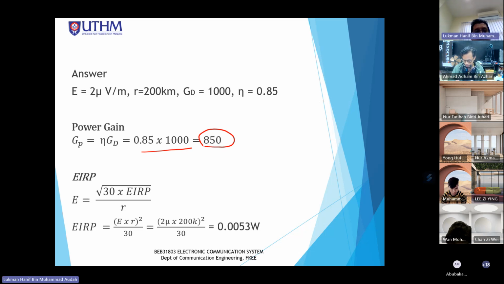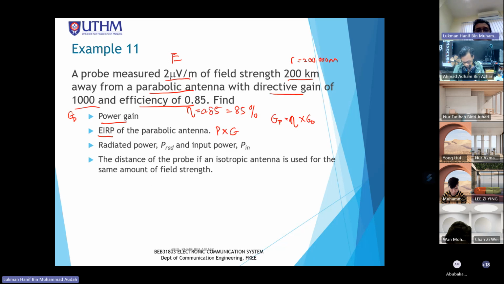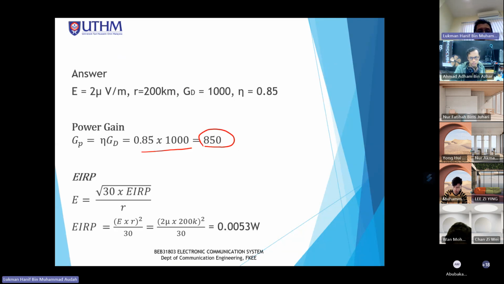P is not given. In this case, power is not given, but we know the E field, so we can use the electric field equation to find the EIRP. EIRP here is P times G. EIRP is equal to E times R squared divided by 30.